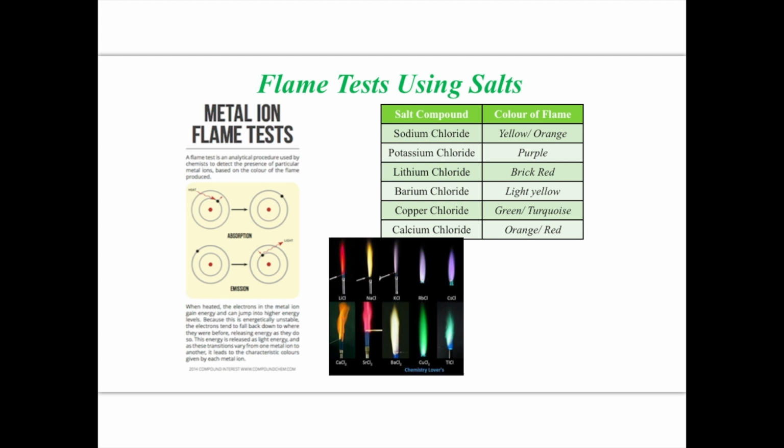And as all different elements have different shells at different energy levels, that means the change in energy is different for each individual element. And the frequency of the light emitted, and hence its colour, is determined by the change in energy here. So the next few slides, we can go into that in slightly more detail.